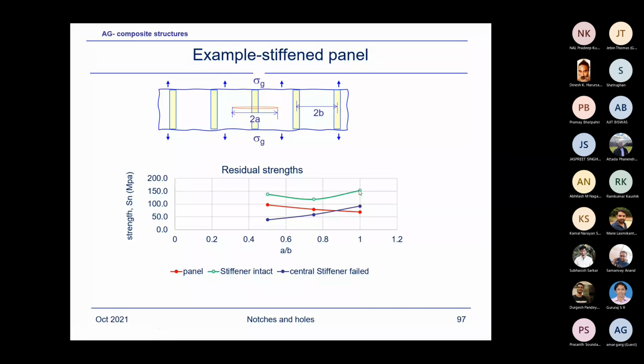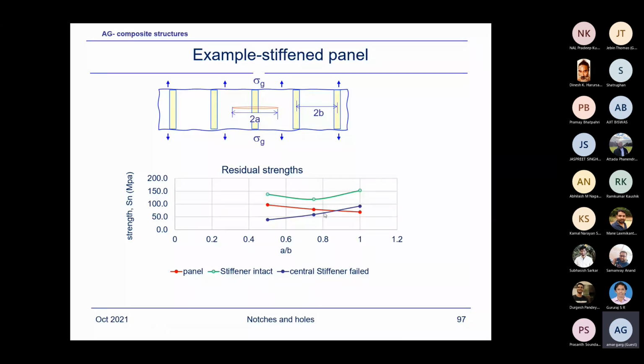But if there is no stiffener, just for the panel, you see, and that's what you would expect. The residual strength without a stiffener now at this point is lower than with the stiffener.